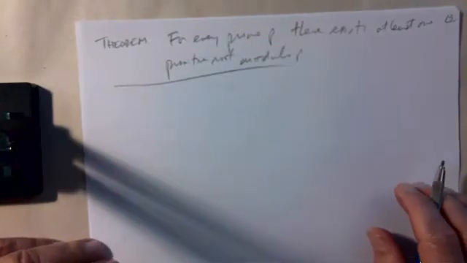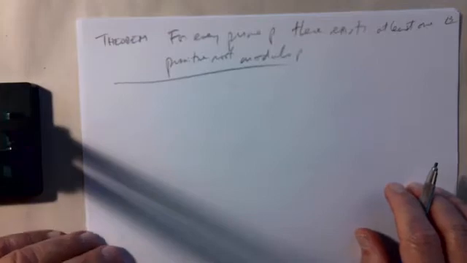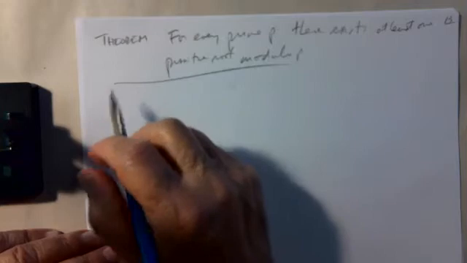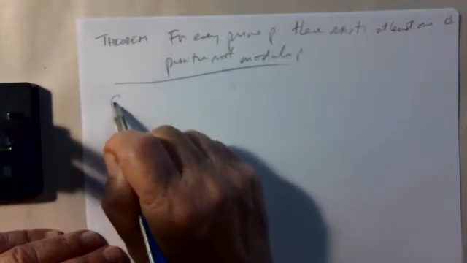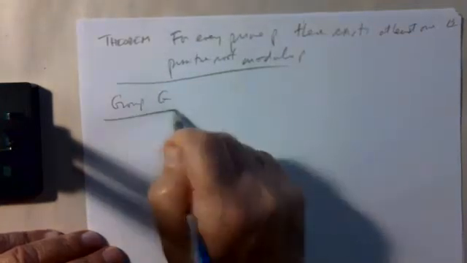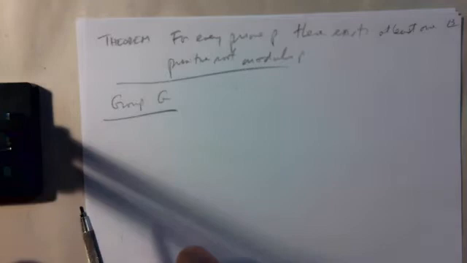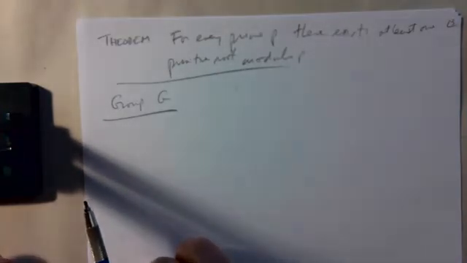Now, what's another way of saying this? If we have a group G, remember a group is a set with some multiplication that's associative. There's an identity element. Every element has an inverse. And if the group is abelian, then ab is ba for all a and b.